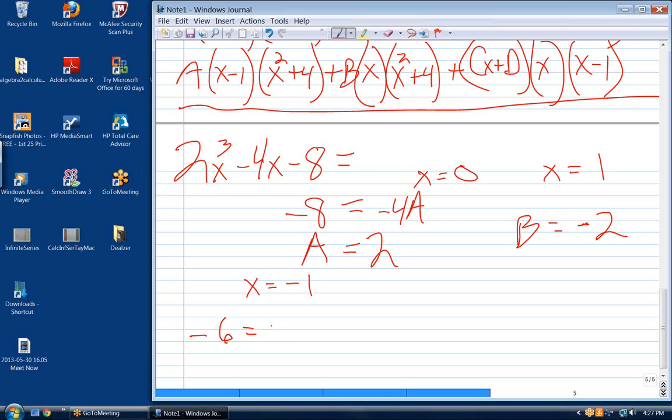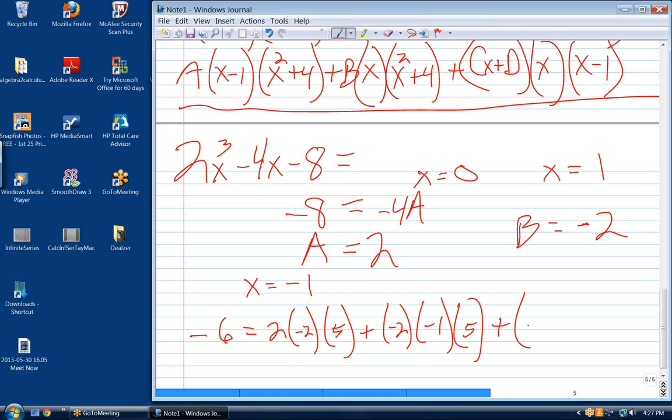And that's going to equal 2 times minus 2 times 5, plus minus 2 times minus 1 times 5, plus minus C plus D times minus 1 times 2.